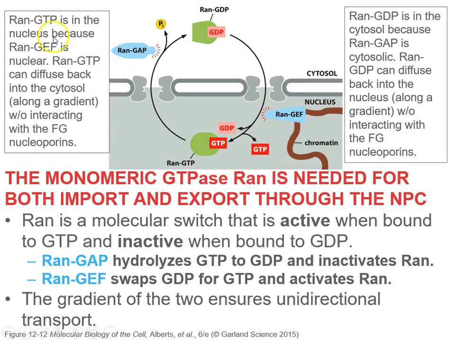Same thing over here. RAN GTP is in the nucleus because the RAN GEF is nuclear, so it can go back into the nucleus along a concentration gradient. Interacting with the FG nucleoporins via active transport isn't required here.